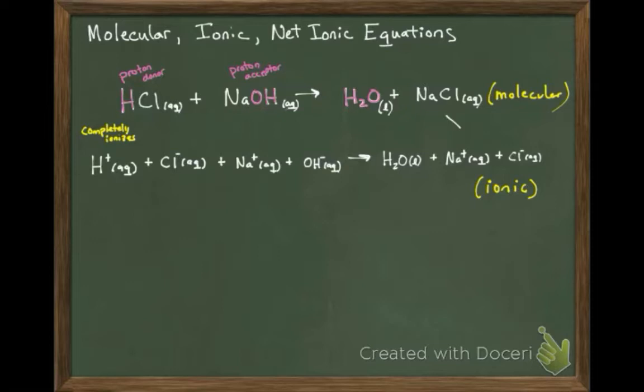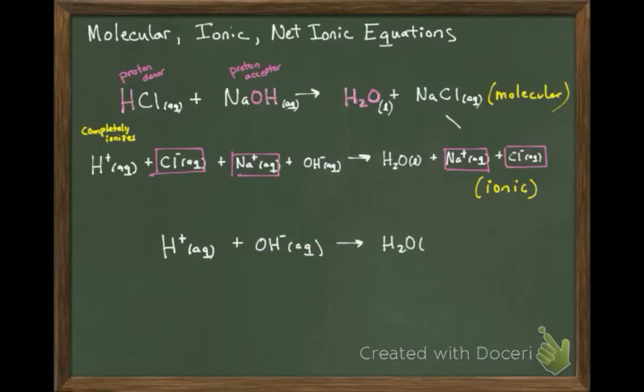Now notice that there are some common ions on both sides, the chloride and the sodium. Since they are on both the reactant side and the product side unchanged, we can cancel them out, and that leaves H+ and OH- to form H2O.